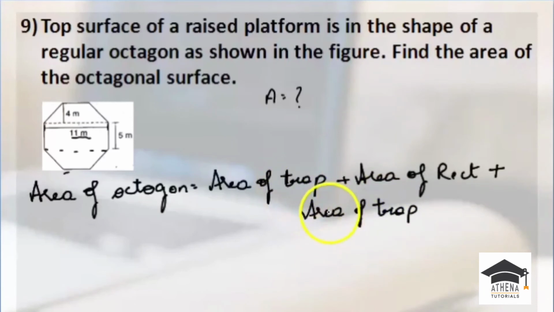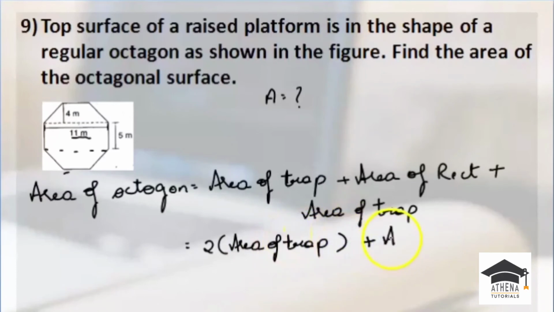These two trapezium are same, so what I can do is 2 into area of trapezium plus area of rectangle. Okay, so now let's find the area of trapezium first. I'll continue in the next slide.